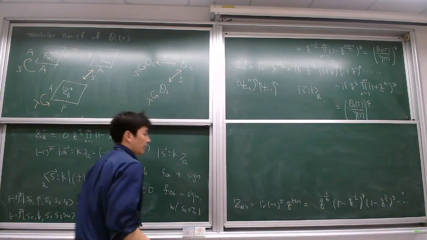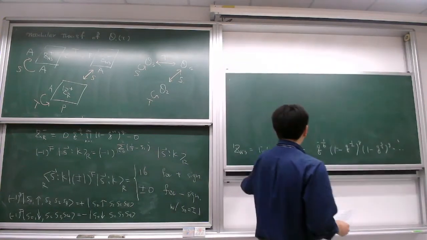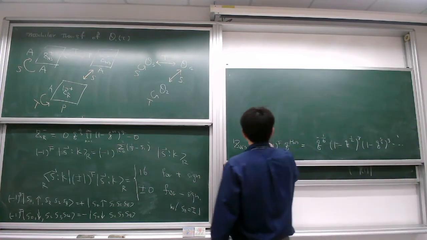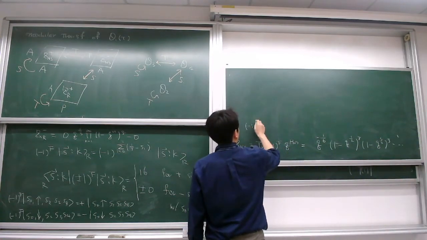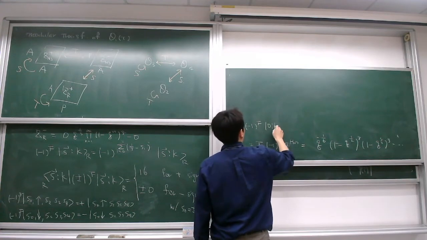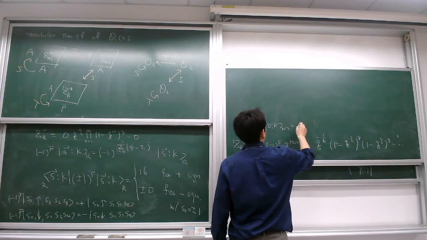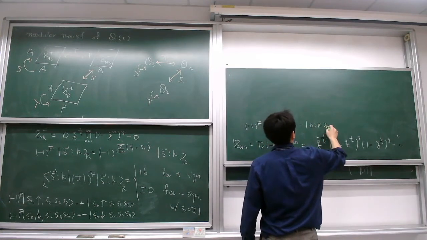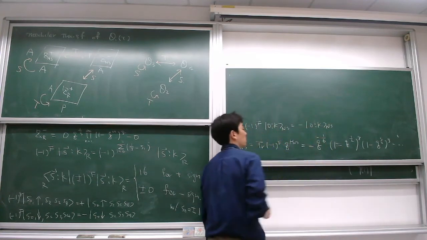In the lecture note I wrote the plus minus sign here, but remember, (-1)^F on the NS vacuum is indeed -1, due to the ghost vacuum. So it should be minus.